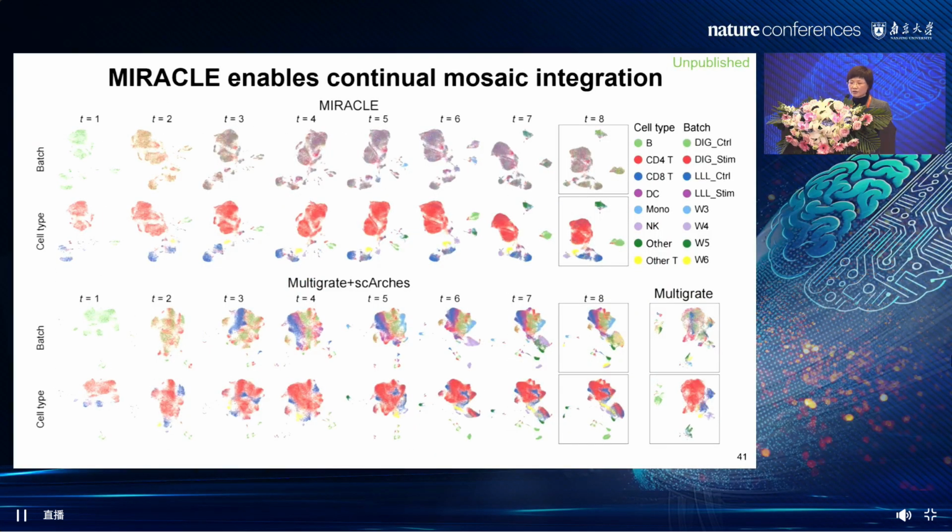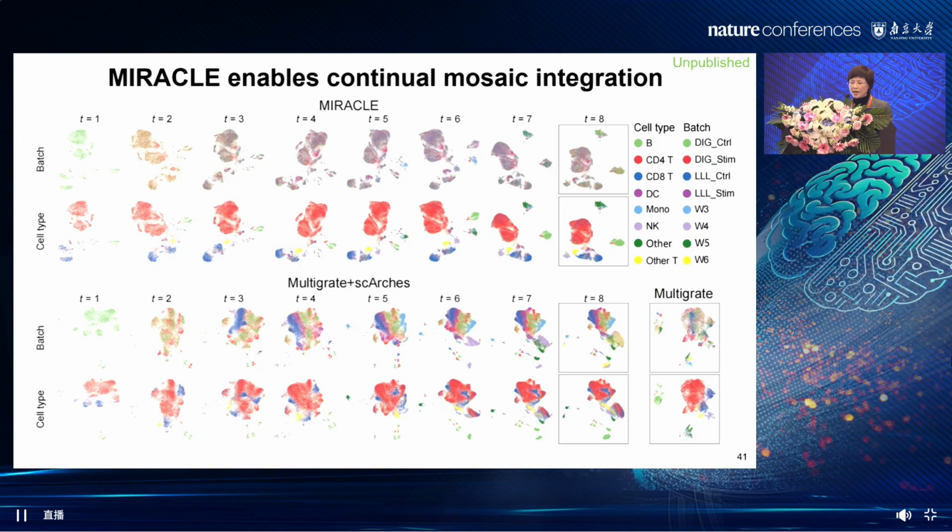A key advantage of Miracle is its ability to handle mosaic data continually. We tested this using datasets with varying modality combinations across 8 batches. The UMAPs over time show Miracle successfully integrating these mosaic batches, maintaining consistent biological representations.